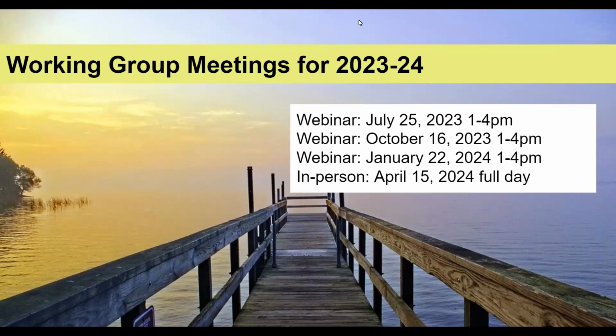The first 3, July, October, and January, will be virtual via webinar. We're going to try again next year to do an in-person meeting in April, a year from now. Some of you might remember we intended to do that today and scrapped that plan as it got closer, but we're going to try again for next year. So please set those dates aside on your calendars.